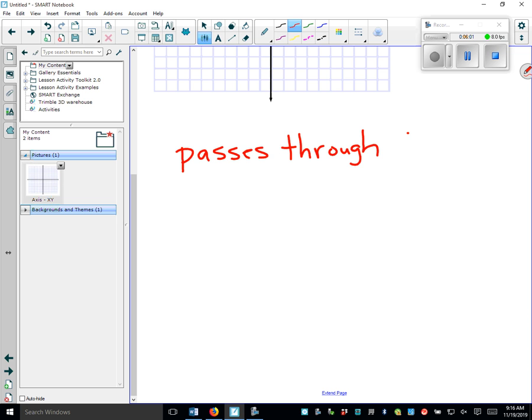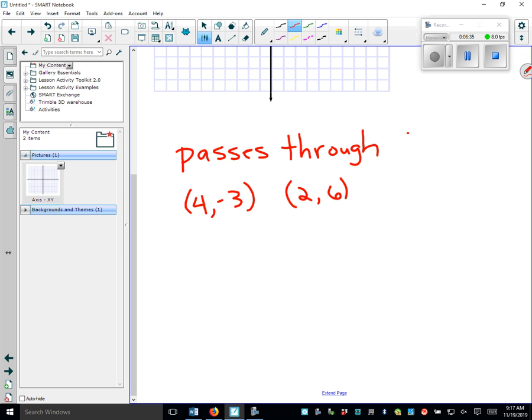I'm going to make up this problem, so it might be a weird answer. Okay? It passes through 4, negative 3, and 2, 6. The directions say use the point slope formula to write an equation.